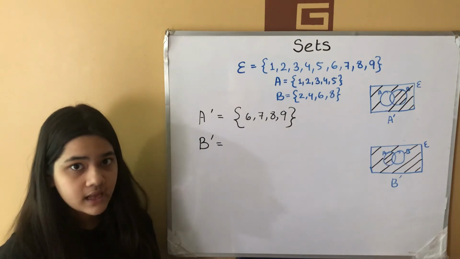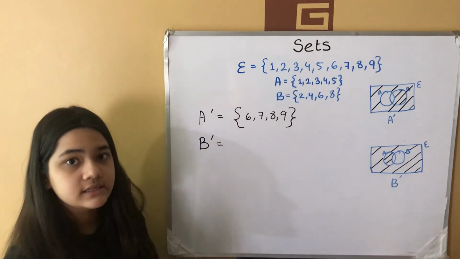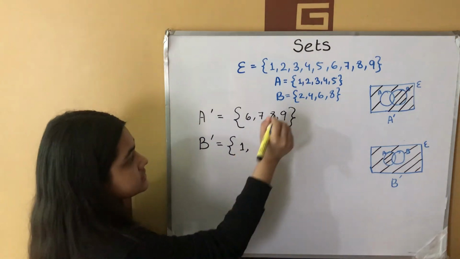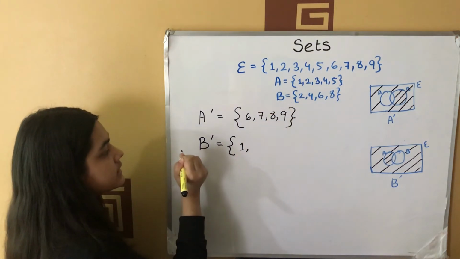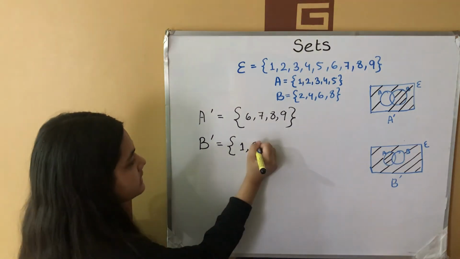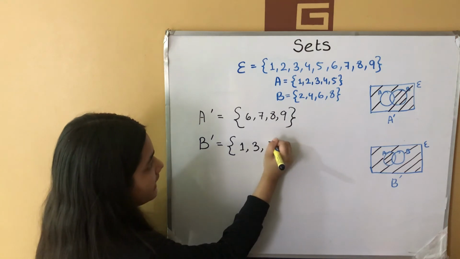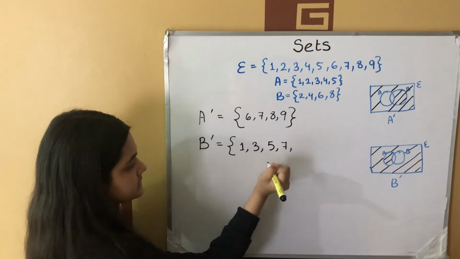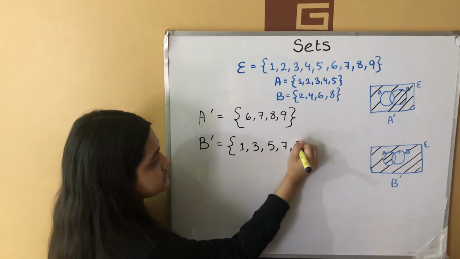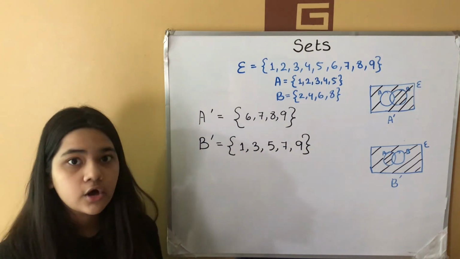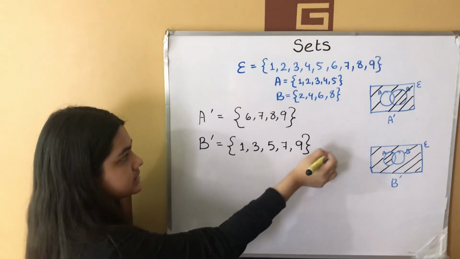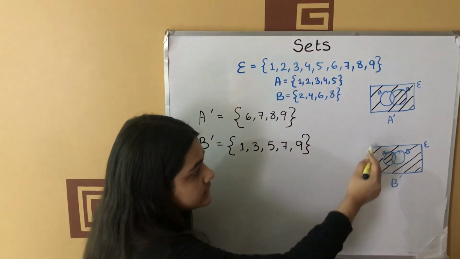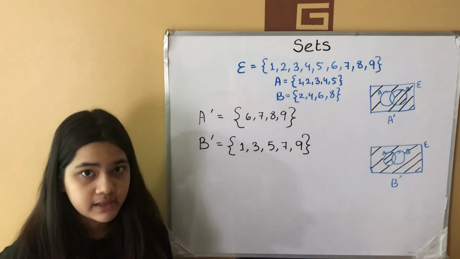So the complement of set B will contain the rest of the elements in the universal set except those in set B. So here 1 is not an element of B, so the complement of set B will contain 1. 3 is not in set B, 4 is in set B, 5 is not in set B, 6 is in set B, 7 is not in set B, 8 is in set B and 9 is not in set B. So the complement of set B will contain the elements which are not in set B. And to represent this in a Venn diagram, everything within the universal set except set B will be the complement of set B.